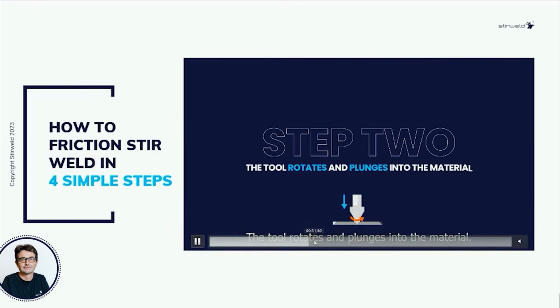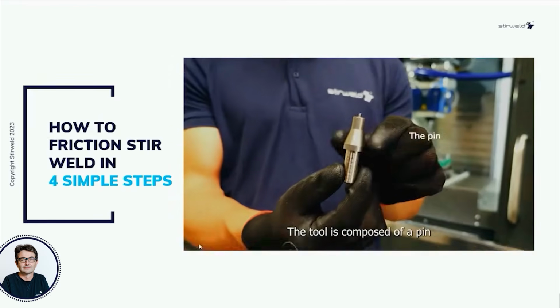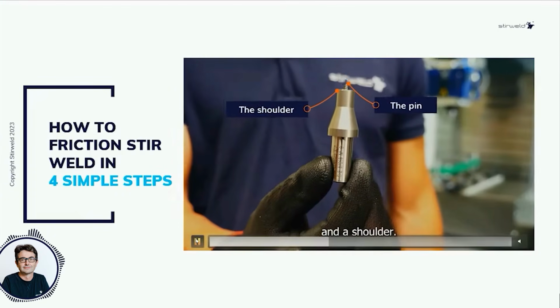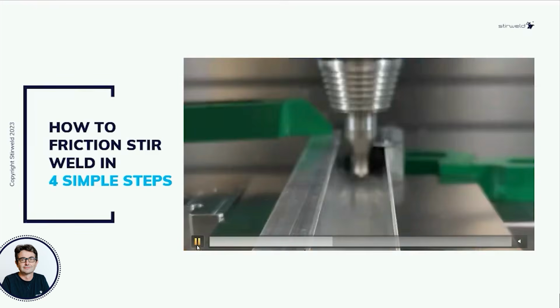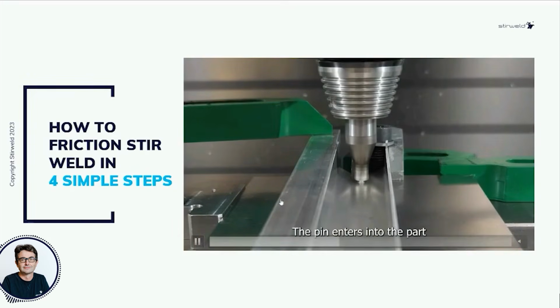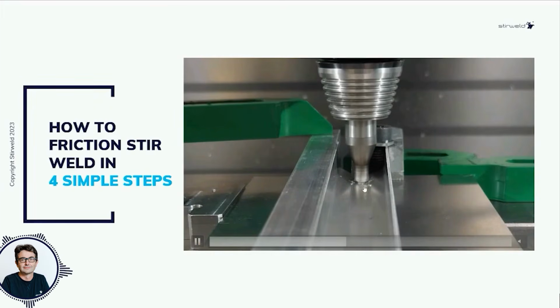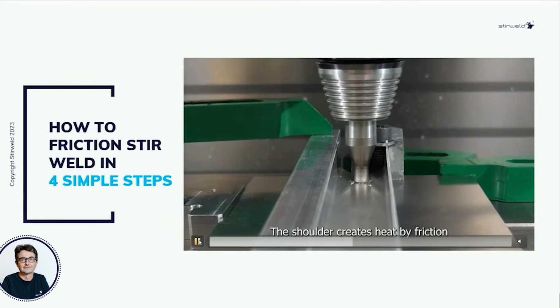Step 2, the tool. We use a tool like this, where, as you can see, the tool is composed of 2 important parts, the pin and the shoulder. The pin plunges into the material until the shoulder touches the top surface of the piece.